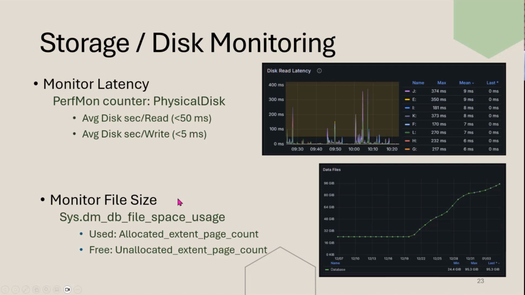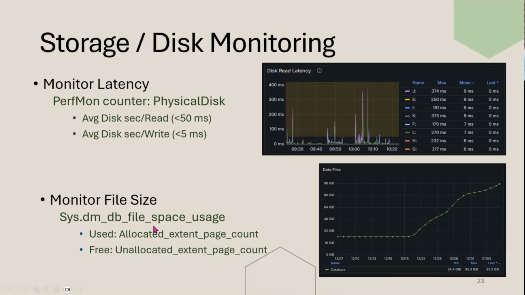File size, and this relates back to our file growth. When our database files reach their capacity, essentially, then SQL Server needs to add more space. During that time, it pauses all of the operations, so all of our queries have to wait until that file is made available.